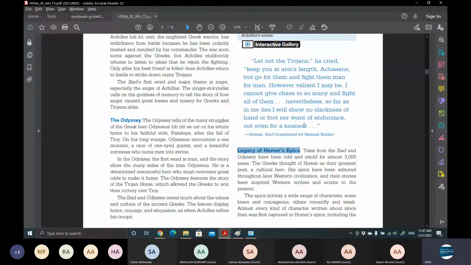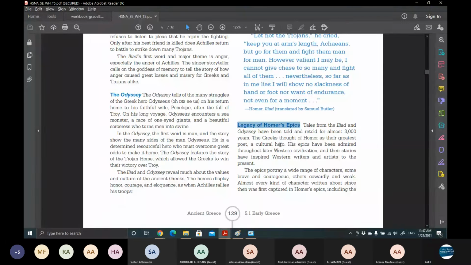The Legacy of Homer's Epics. The legacy of Homer's epics takes from the Iliad and Odyssey. The Iliad and Odyssey have been told and retold for almost 3,000 years.